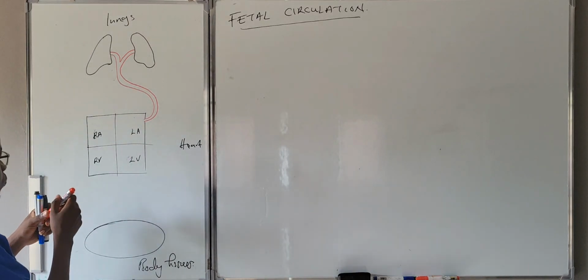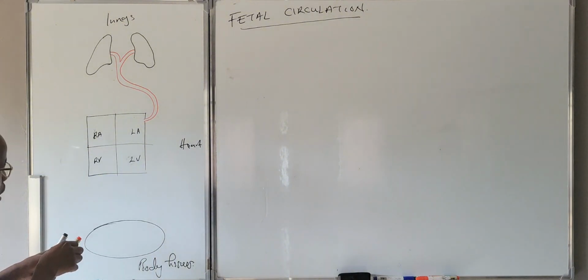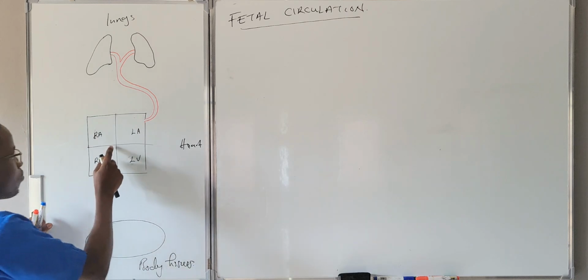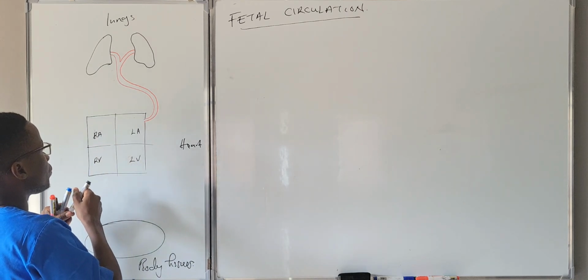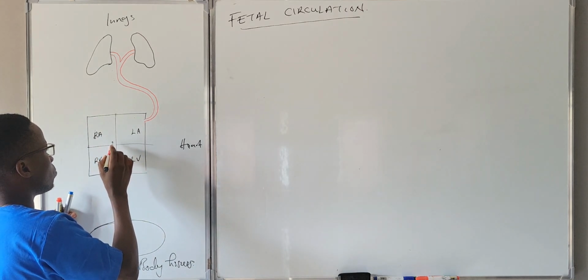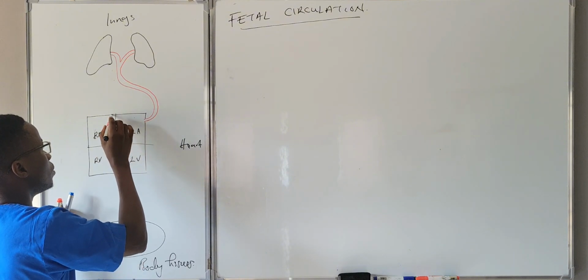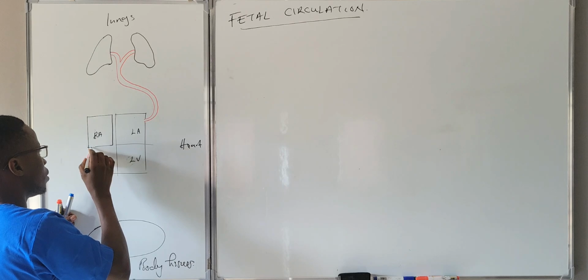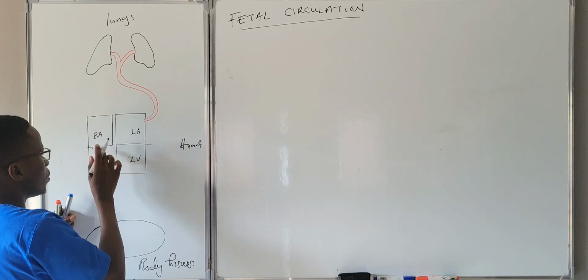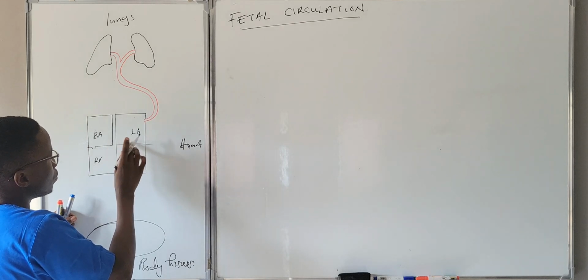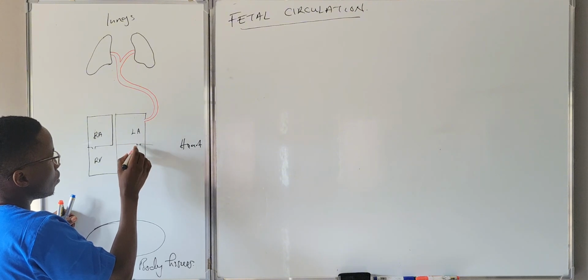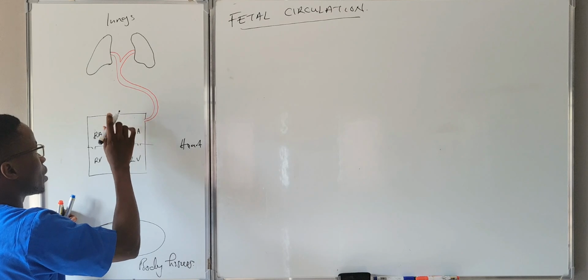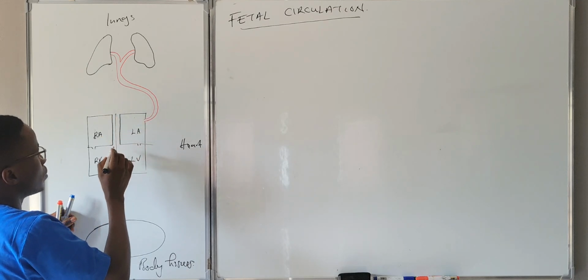And then we also have blood leaving the left ventricle. Okay? So blood leaving the left ventricle here. I'm going to try and draw it this way. Right. And of course, there's the valve here. Okay, right.